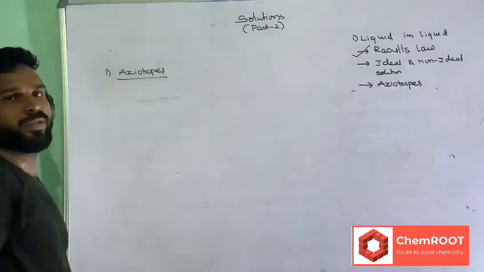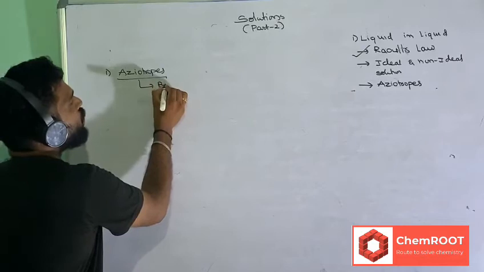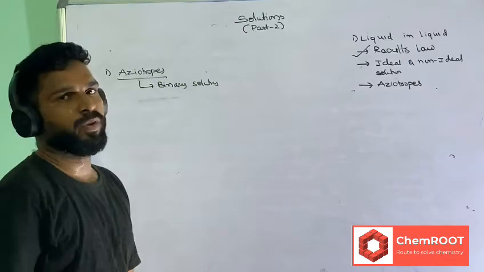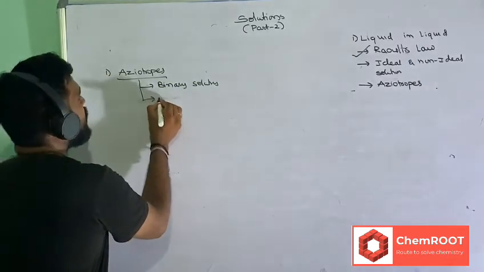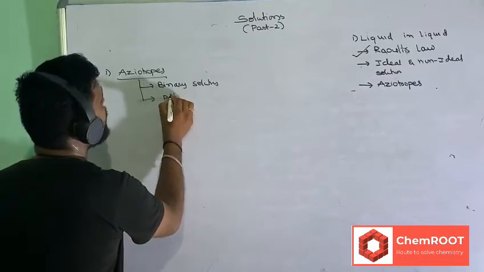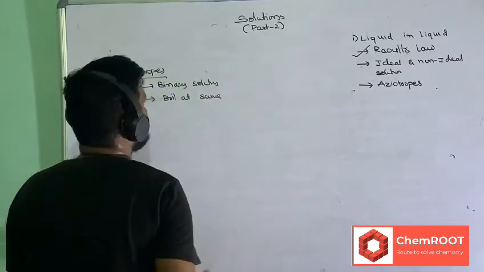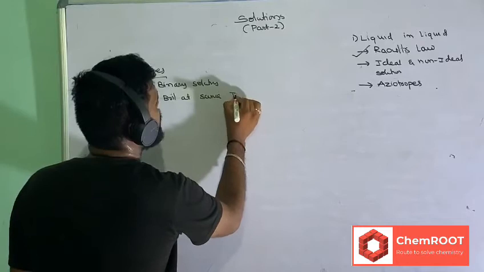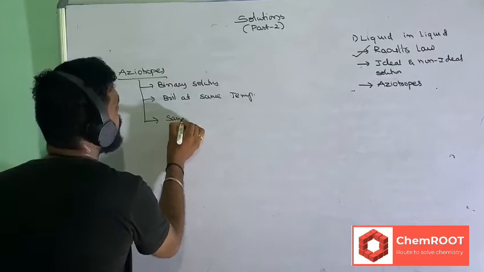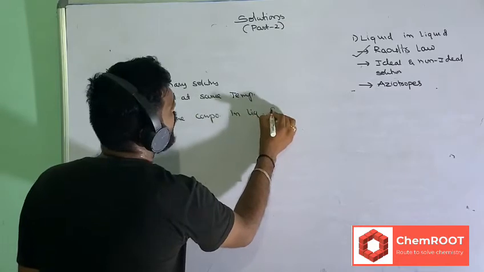First, what are azeotropes? Azeotropes are binary solutions. How many components are present in binary solutions? Two components will be there, and they boil at the same temperature, and they have the same composition in liquid and vapor phase.